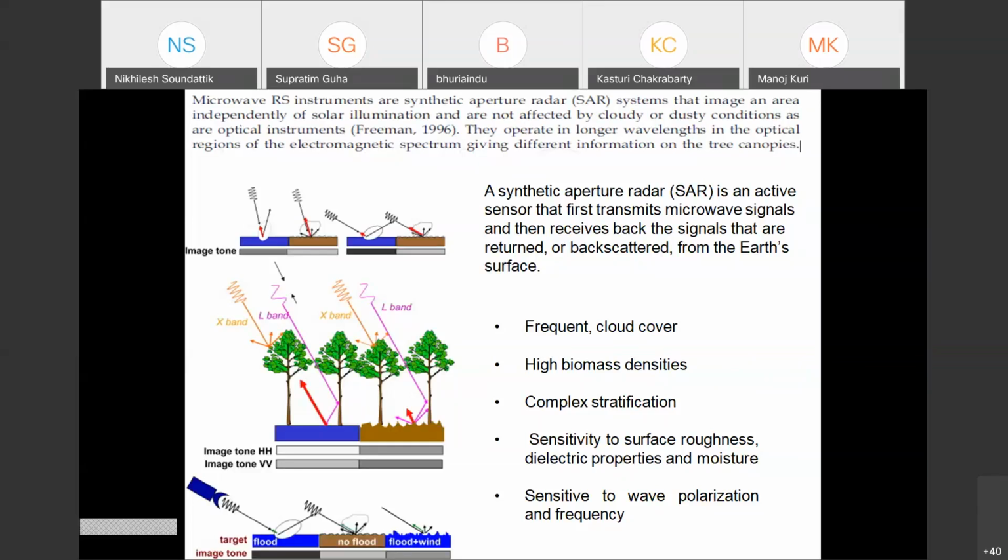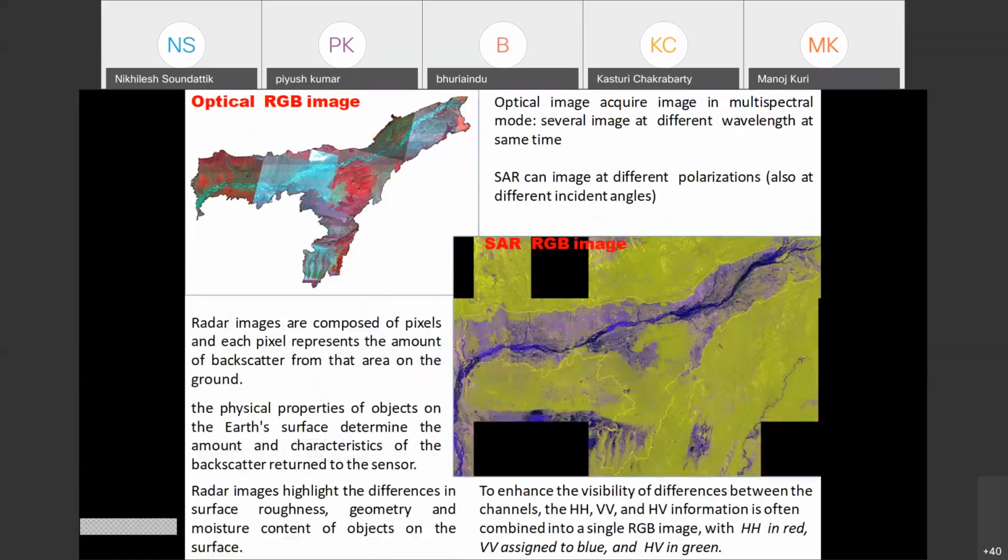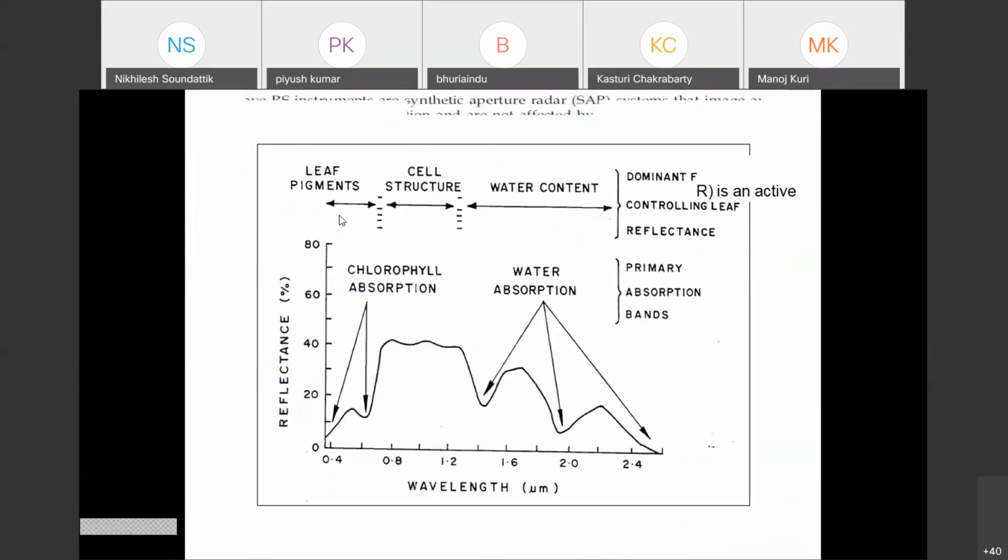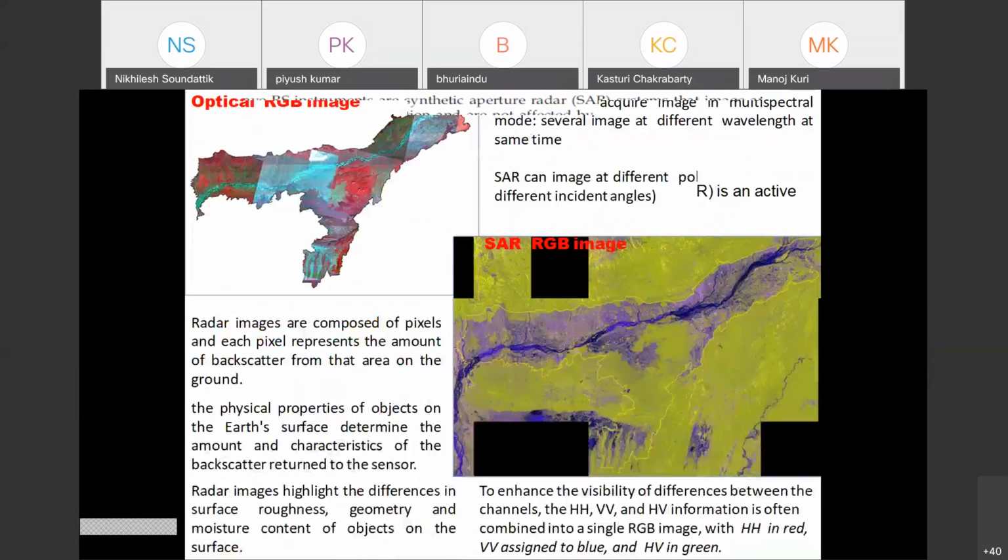Yeah, okay. So moving on, as I said, this is the optical RGB image. You can see it is a mosaic of several images for the state of Assam.